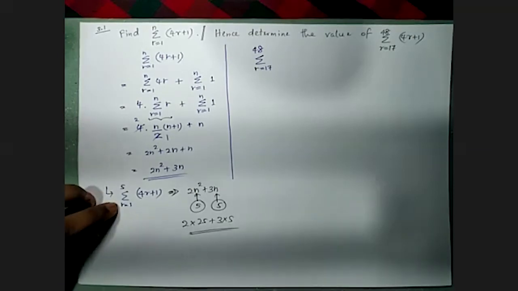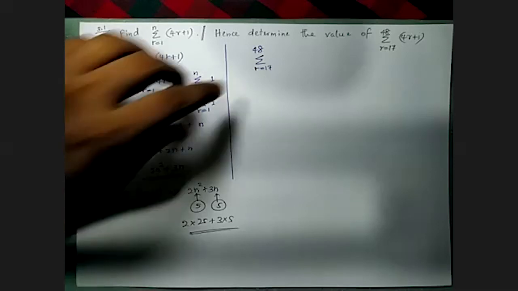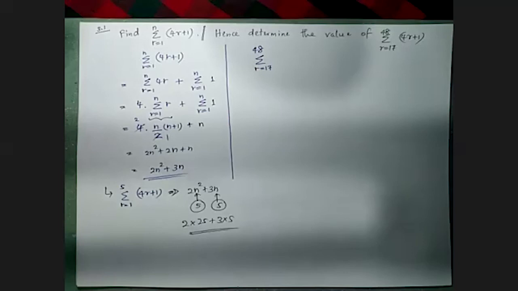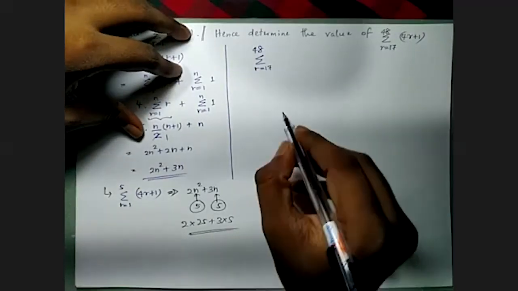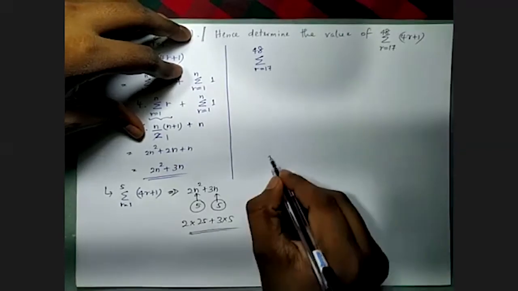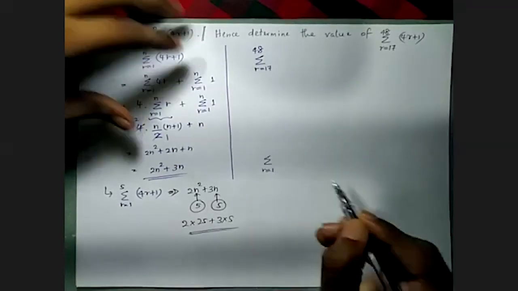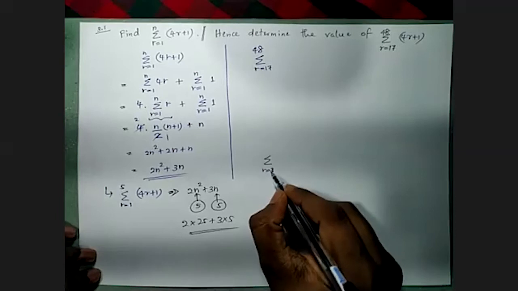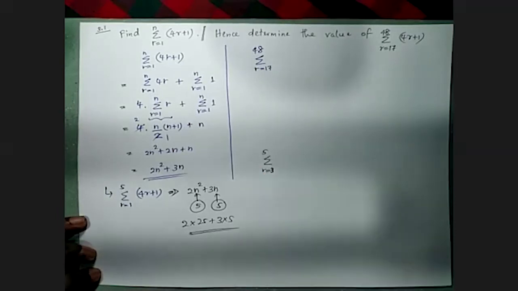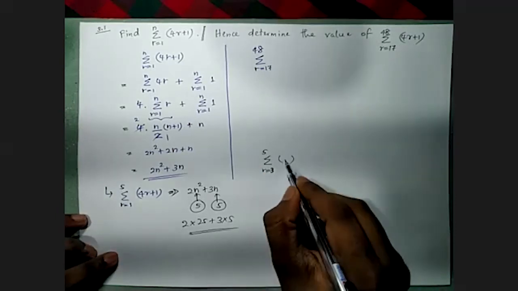That is if our sigma notation started from 1. But here we have 17 to 48. That is done like this. Let's say we had r equals 3 to 5 with a general term.